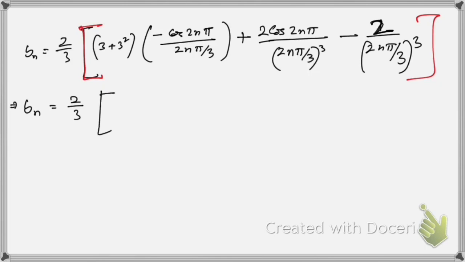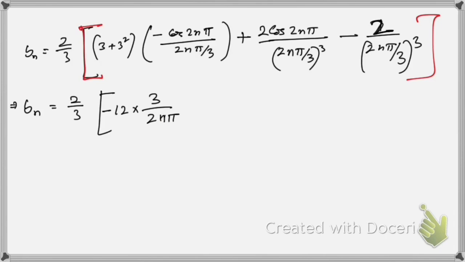So here you get 3 square 9 plus 3, that's going to be 12 into this, and here we're going to have minus, and cos twice n pi, I have already said that should be 1, and this 3 goes up, right? So if you simplify this, simply you will get this 3 by 2 n pi, right?